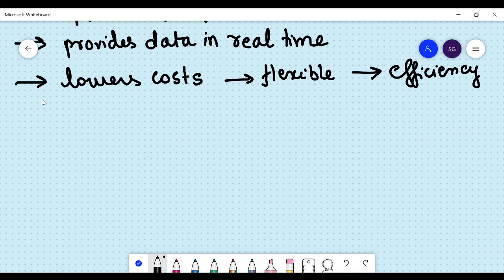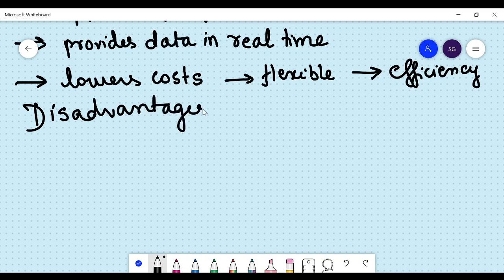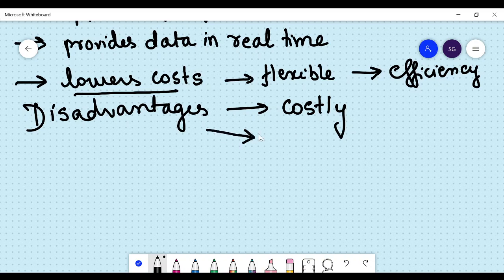On the other hand, disadvantages are that it is costly. Here we said that the advantage, it lowers costs, it lowers the cost of the process, but installing itself is very costly.